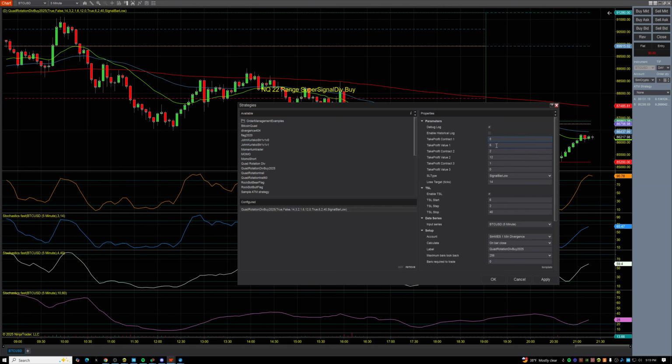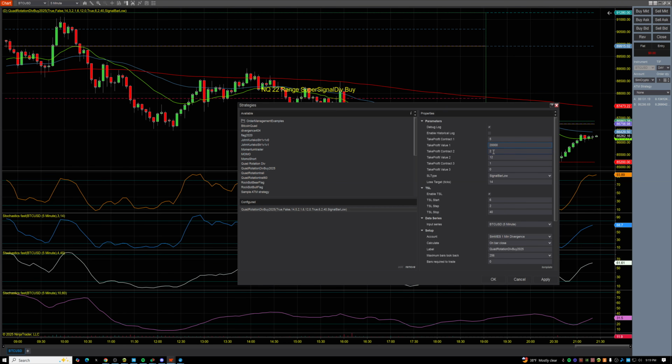Not that it's Bitcoin, but whatever it is, you're trading Bitcoin divergences. Then you're taking your profit at what value, like how many ticks, cents or dollars. If we're going to look at $200, that would be 20,000 pennies. So it would be 20,000.